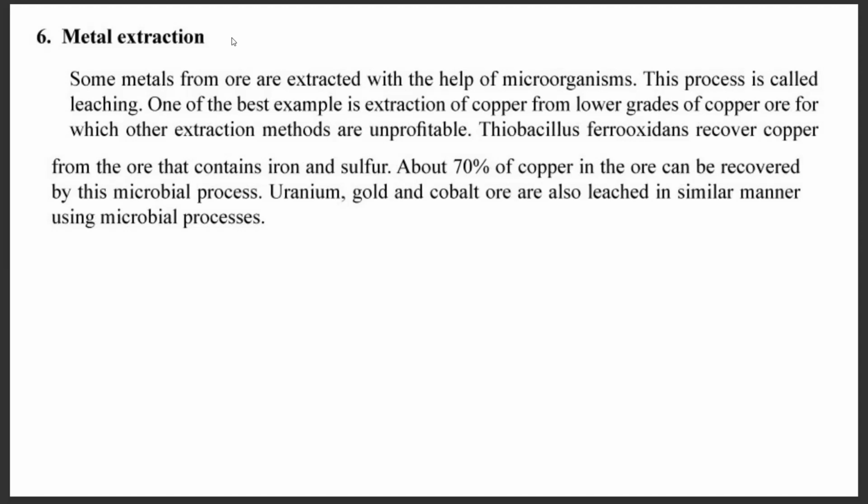Thiobacillus ferrooxidans recover copper from the ore that contains iron and sulfur, iron pyrites, FeS. About 70% of copper in the ore can be recovered by this microbial process. Uranium, gold, and cobalt ore are also leached in similar manner using microbial process.